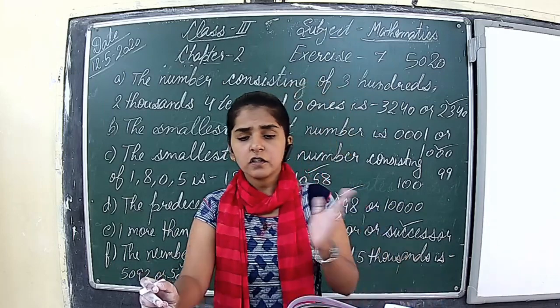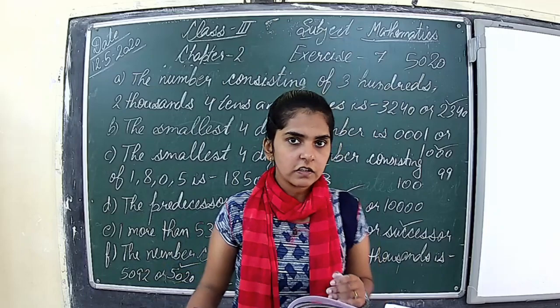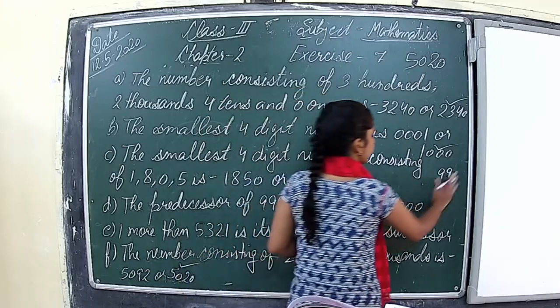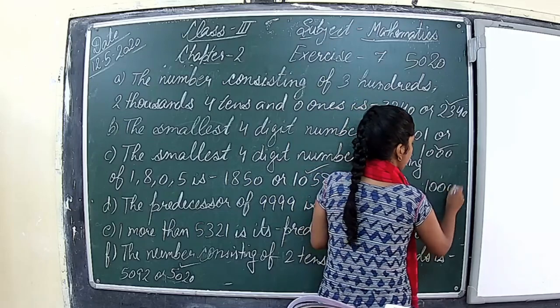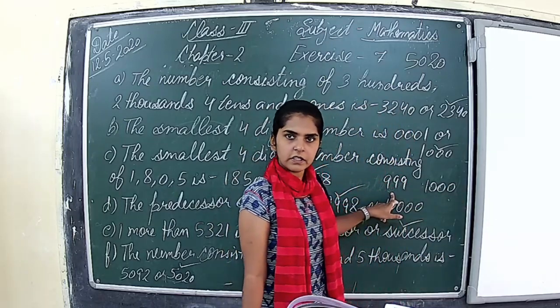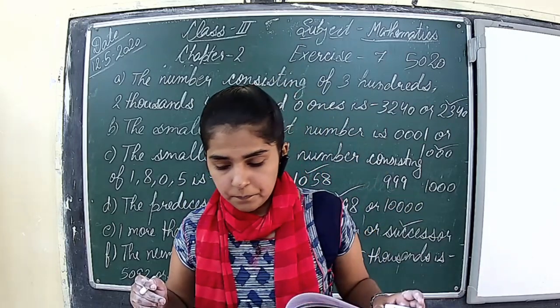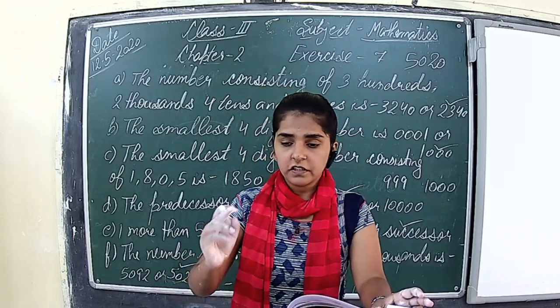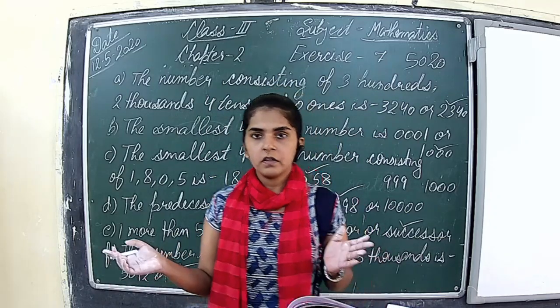Next, is the smallest 4-digit number the successor of the greatest 3-digit number? The greatest 3-digit number is 999 and the smallest 4-digit number is 1000. Is 1000 the successor of 999? Yes, right? Next, is the greatest 3-digit number the predecessor of the smallest number of 4 digits?